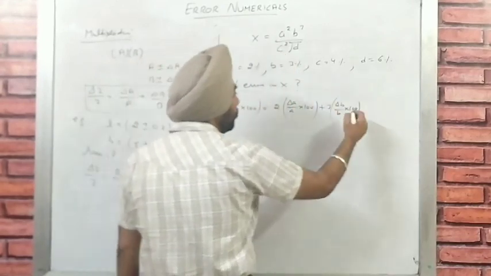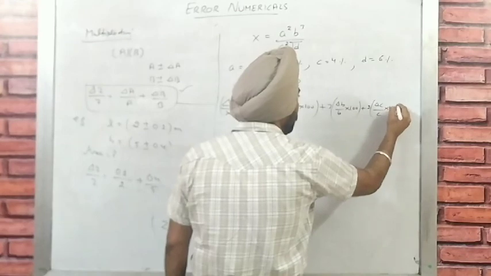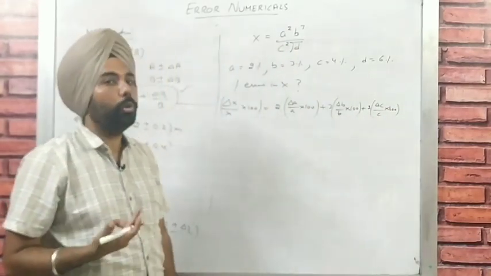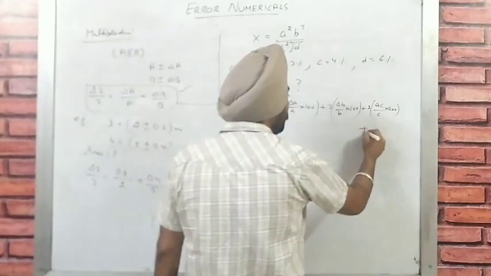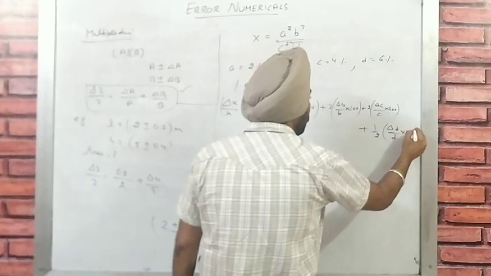Now c square, so delta c upon c multiplied by 100. Now here square root. Square root means the power is going to be half. So that is going to be half delta d upon d multiplied by 100.